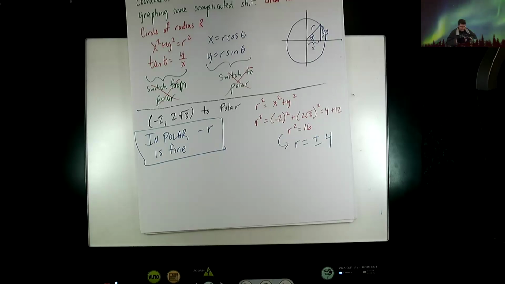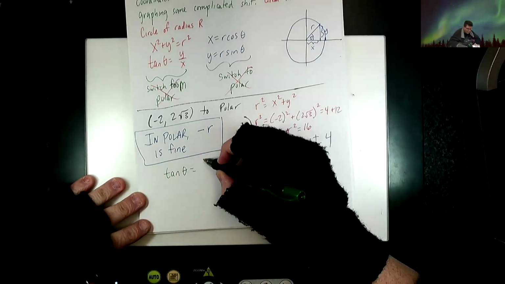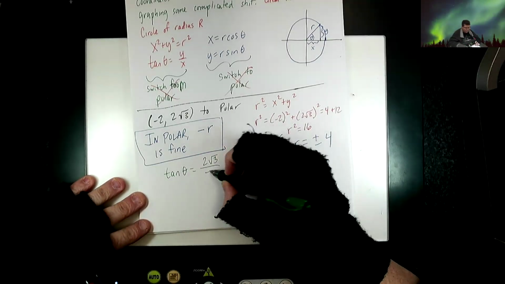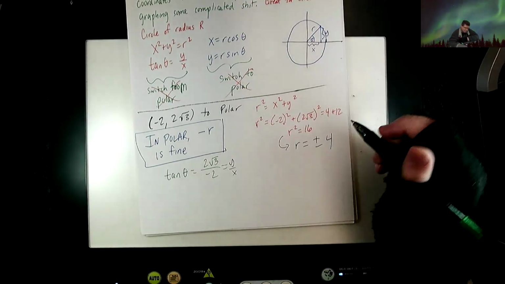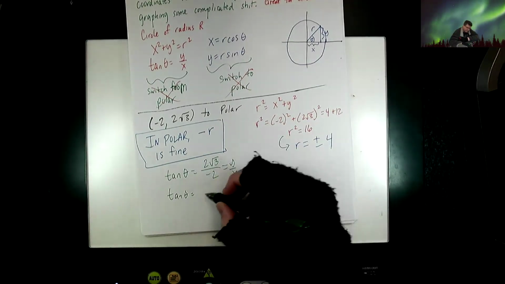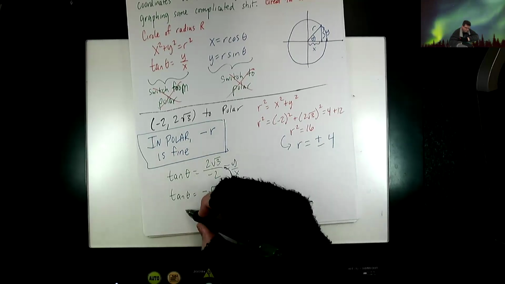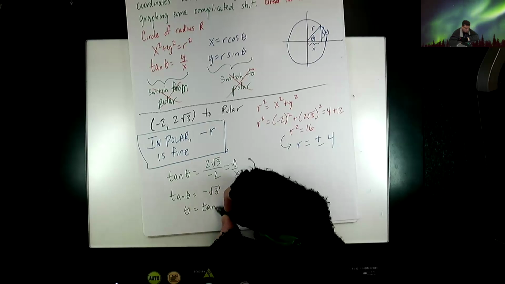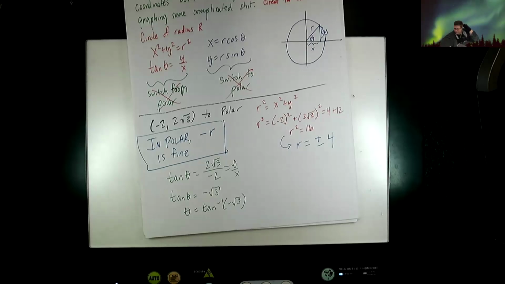And if I want theta, we're going to do tangent theta equals y over x, 2√3 over -2. So tangent theta is -√3. Where does tangent theta equal -√3?